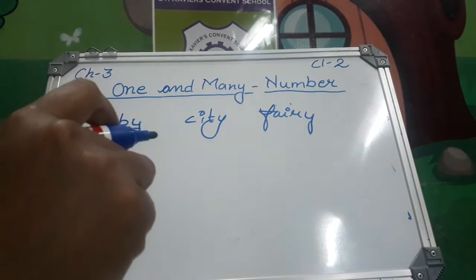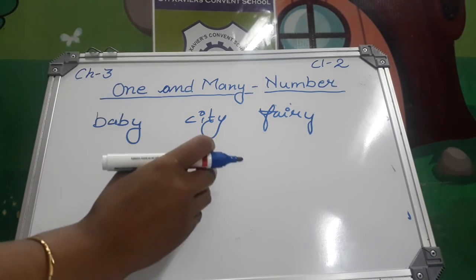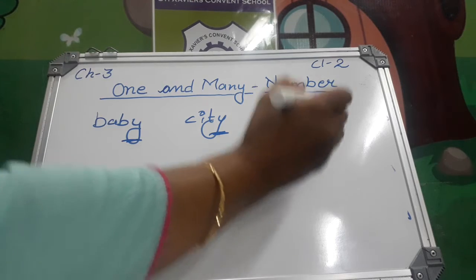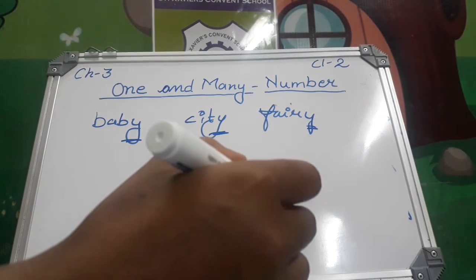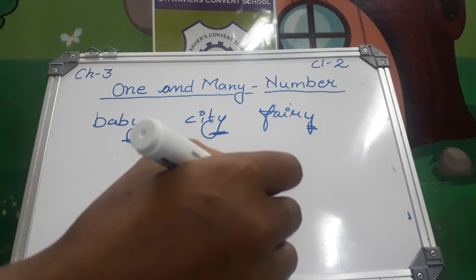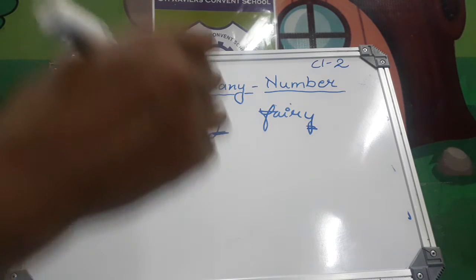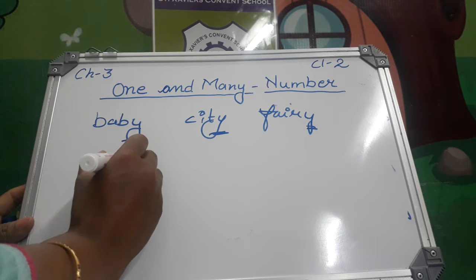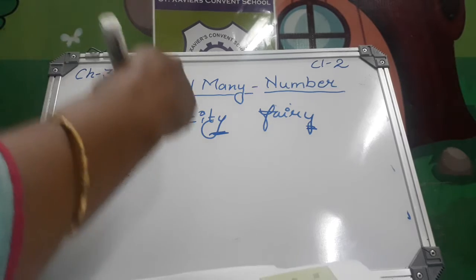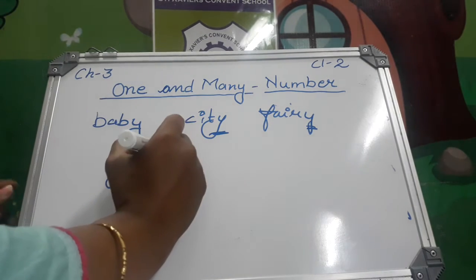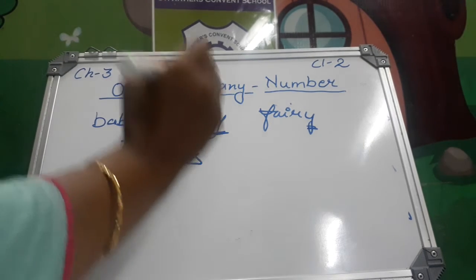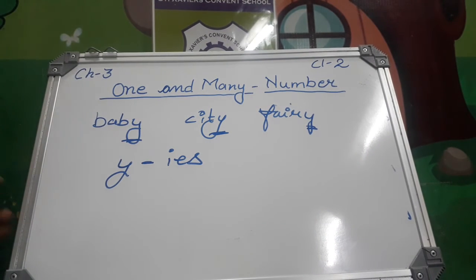Here are some nouns which end with y letter. We change them into plural form by changing y into ies.